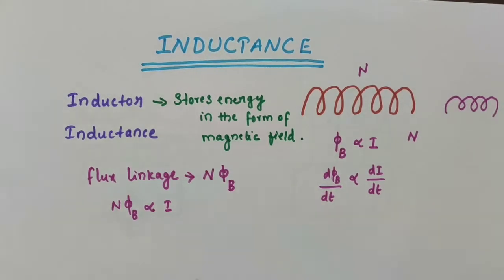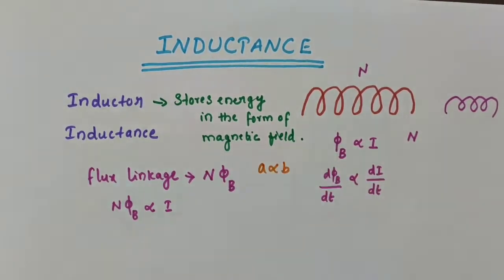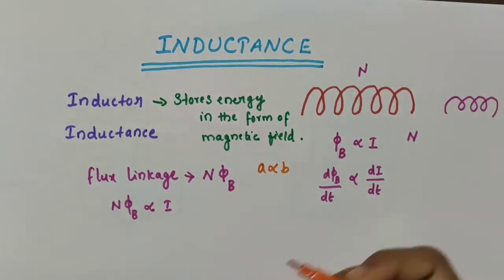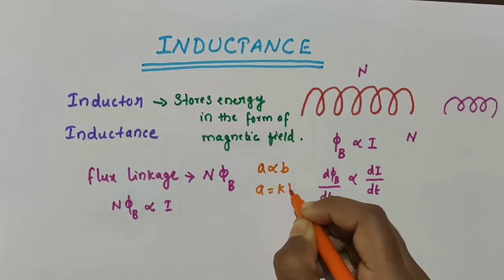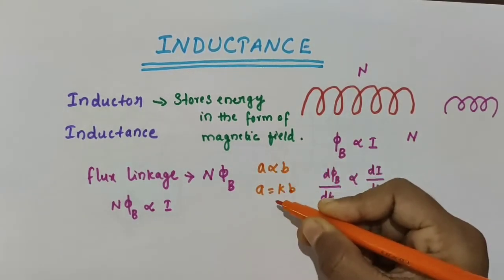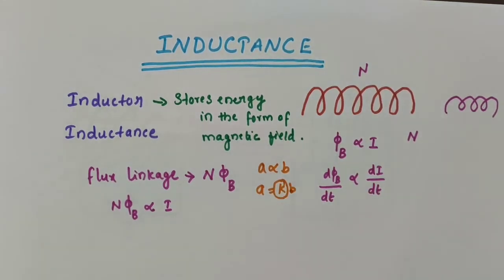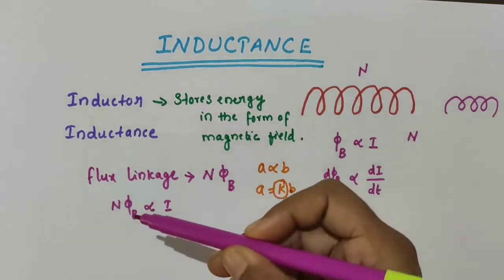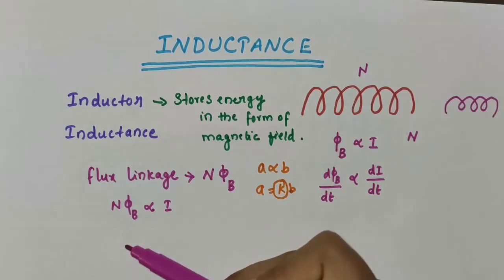For example, when we write A is proportional to B as an equation, we write A is equal to some constant times B. Similarly, when we write this proportionality relation as an equation, there will be one proportionality constant, or constant of proportionality.